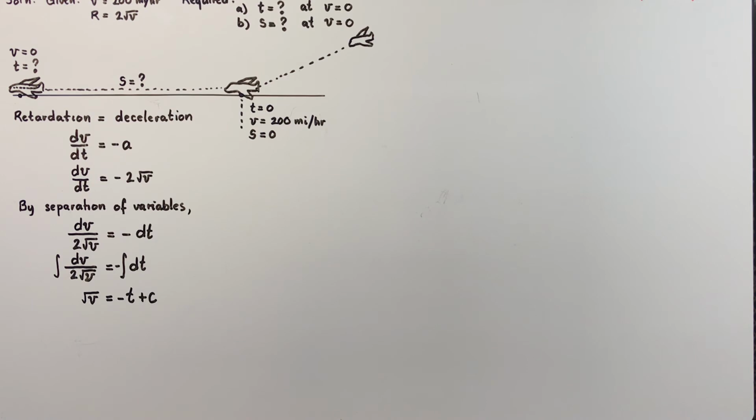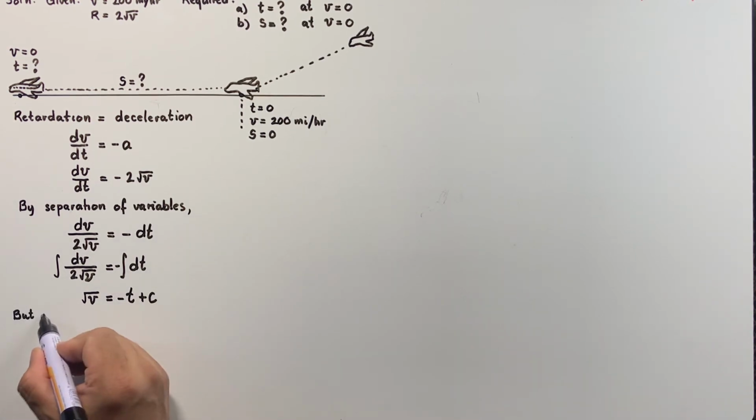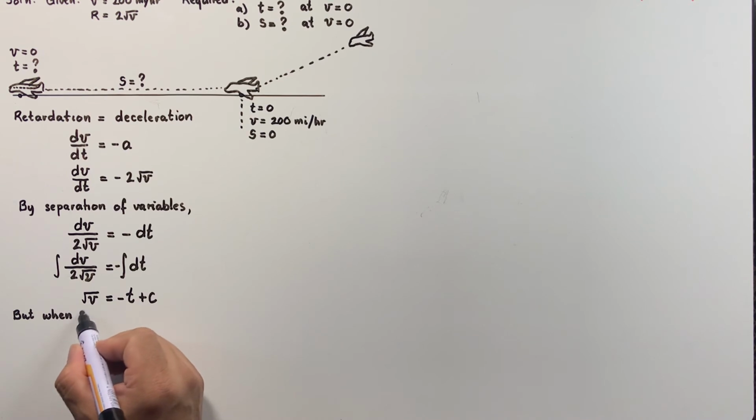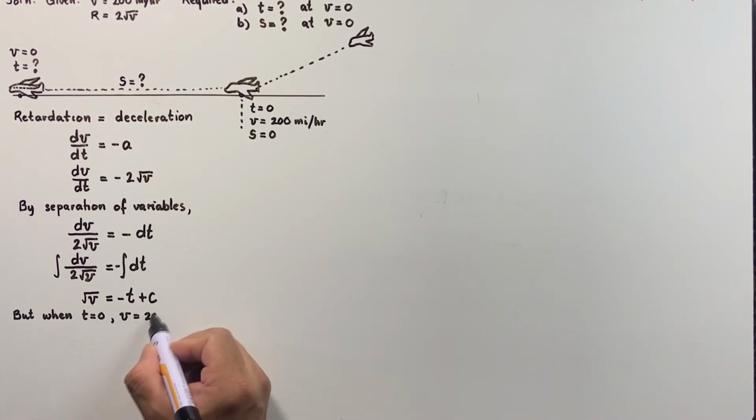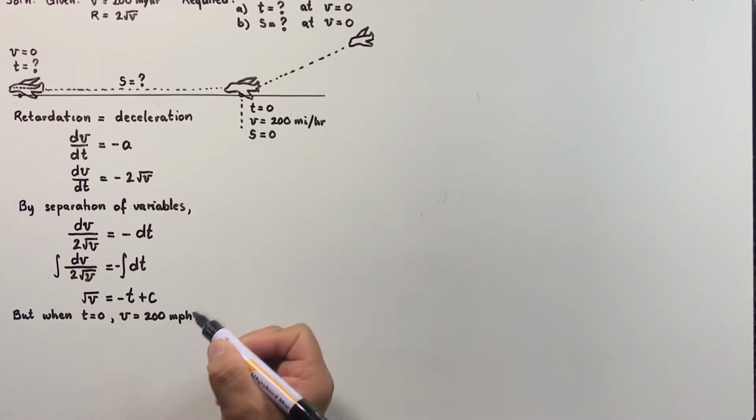But we can solve the constant of integration by using a boundary condition in the problem, that when t is 0, meaning at the point of touchdown, the velocity is 200 miles per hour.